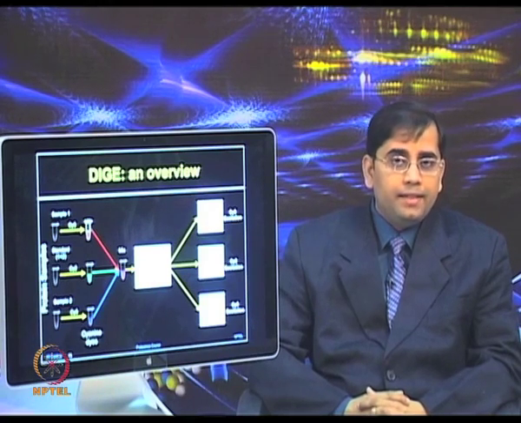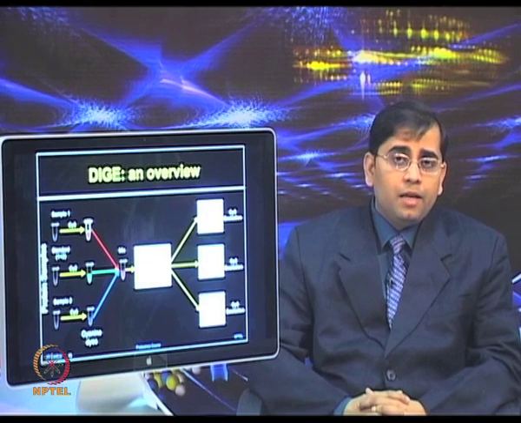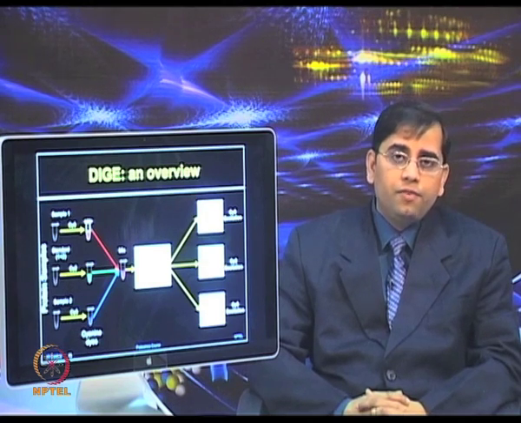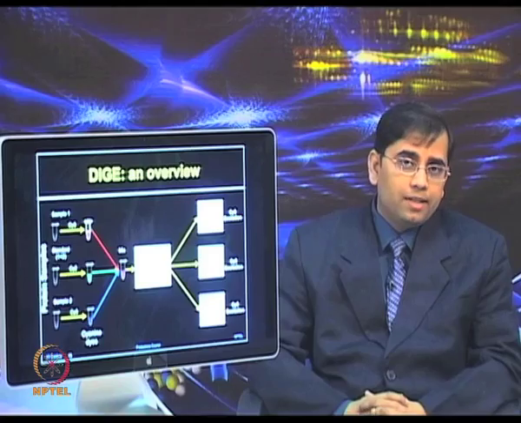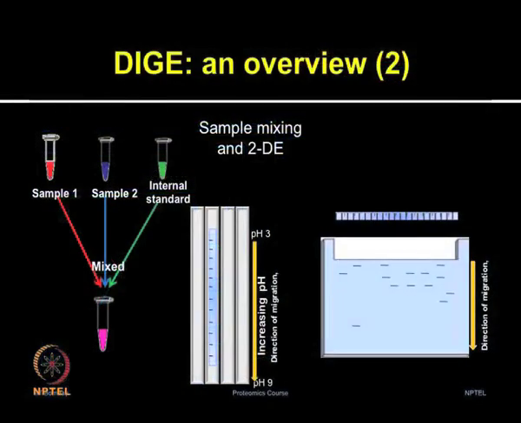All this protein mixture is separated in the first dimension on the same strip, and then the same gel can be scanned with 3 different wavelengths to obtain the images for Cy2, Cy3 and Cy5.